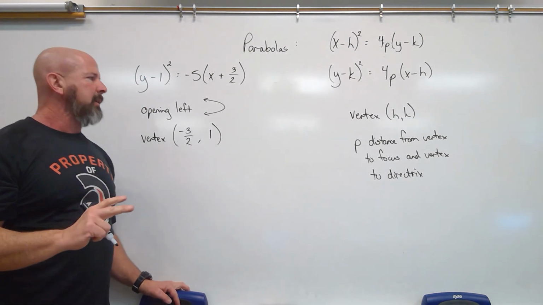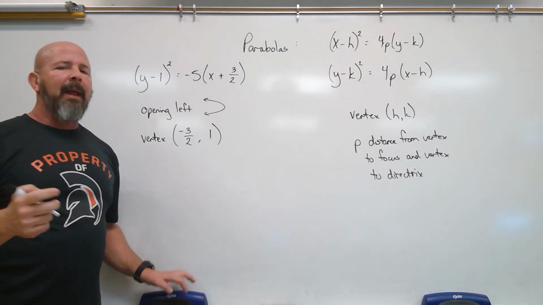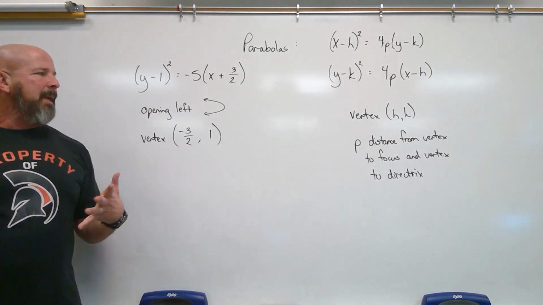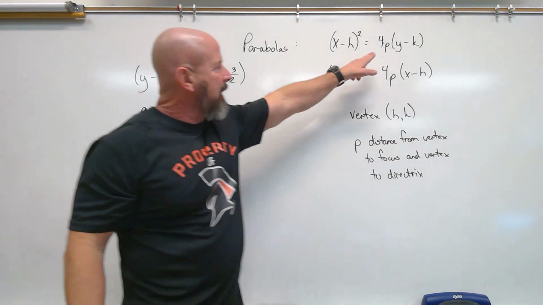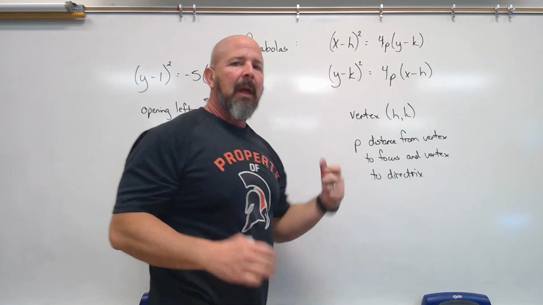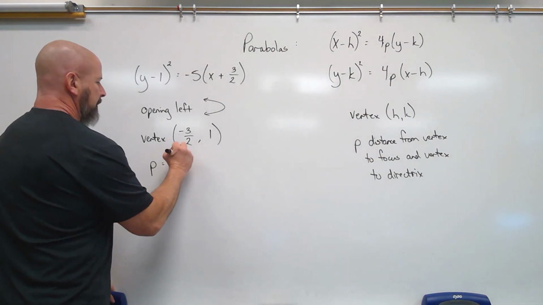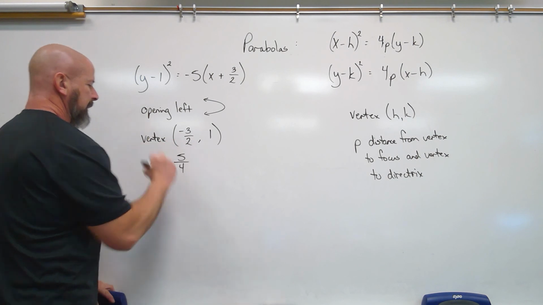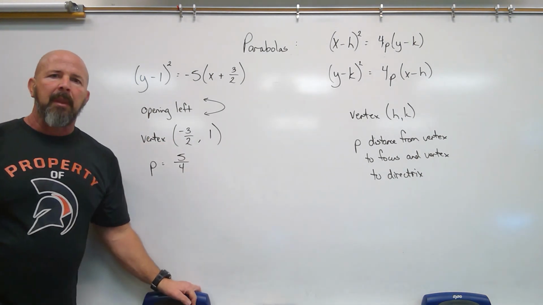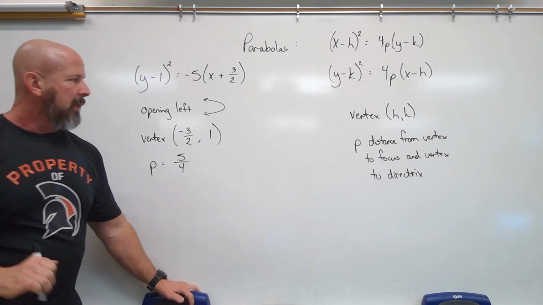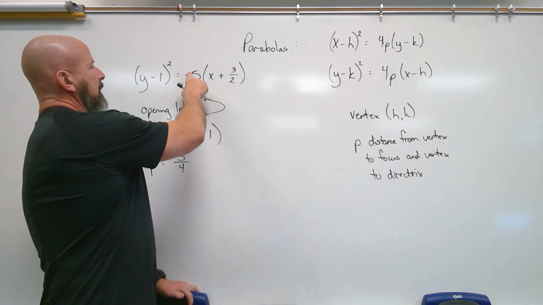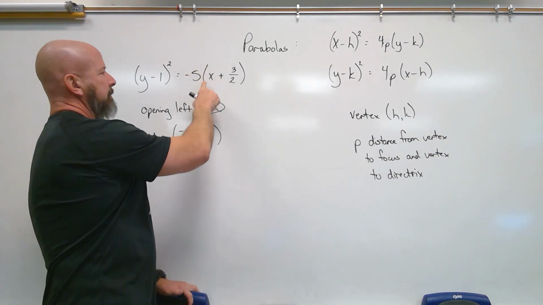Now, as far as some other pieces, we'd like to figure out where the focus is, the directrix. We already have the vertex. So for me to figure that out, I need to know what that P value is. I need to know what this guy is right here. And in this case, P would equal 5/4. Again, another fractional value. Where I'm getting the 5/4, I'm looking right here where the P is supposed to be.